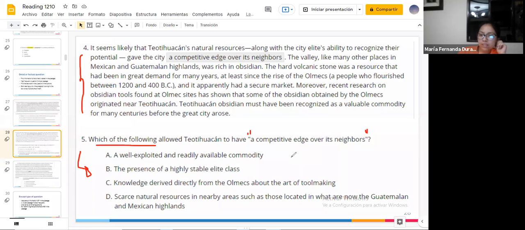Moreover, recent research on obsidian tools found at Olmec sites has shown that some of the obsidian obtained by the Olmecs originated near Teotihuacan. Teotihuacan obsidian must have been recognized as a valued commodity for many centuries before the great city arose.